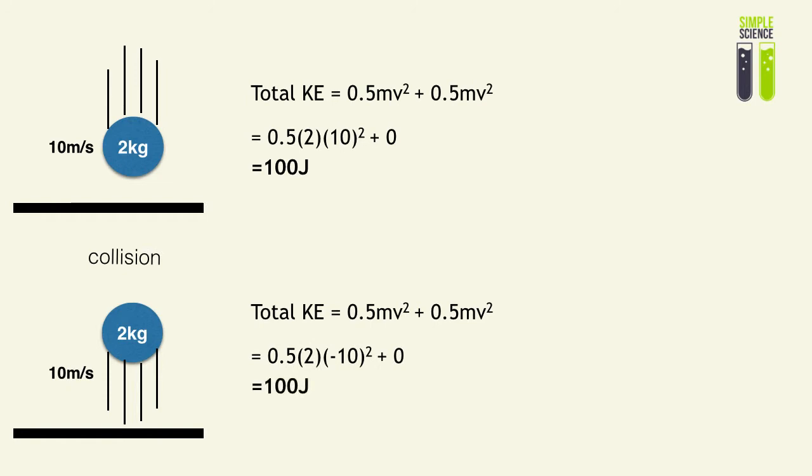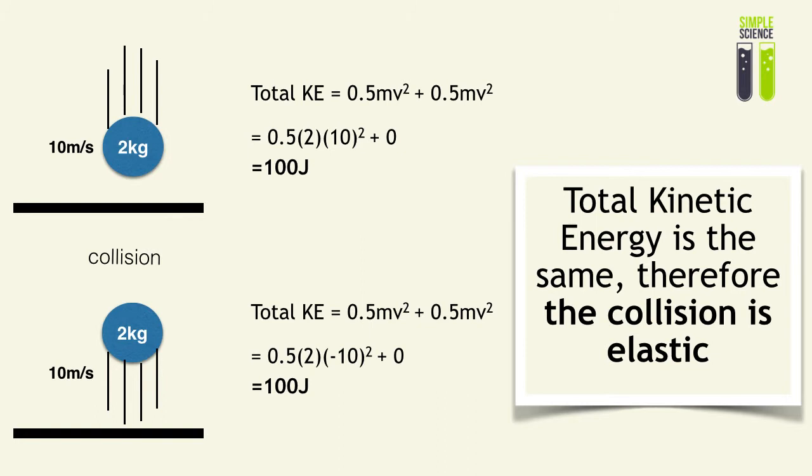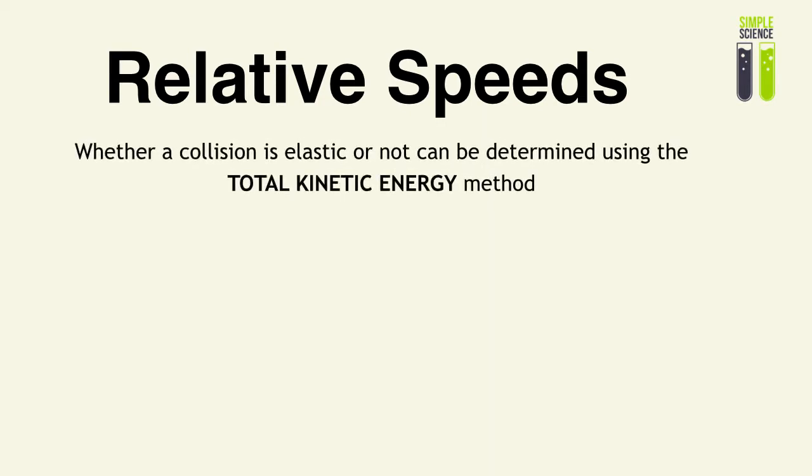So the total kinetic energy stays the same during this collision, and this therefore means that this collision is an elastic collision. Okay? So, to determine whether a collision is elastic or not, we can use the total kinetic energy method, whether it's conserved or not, like I've just told you.